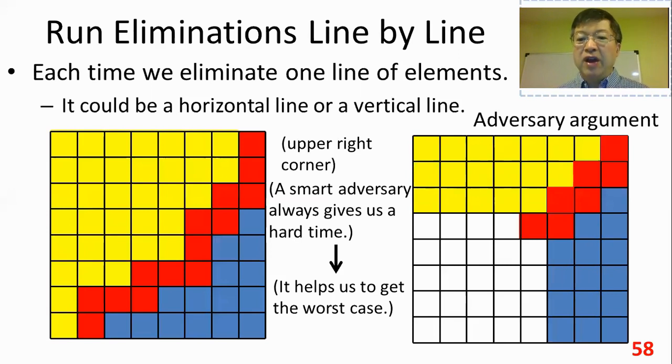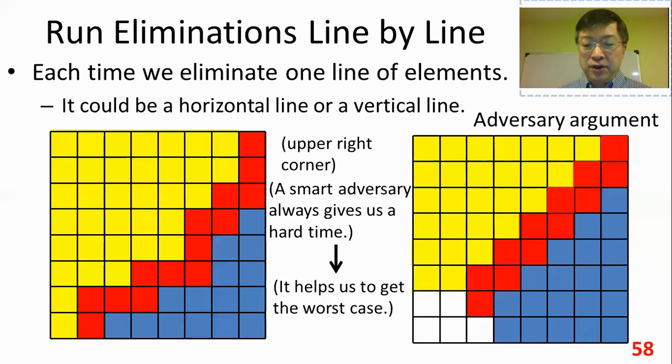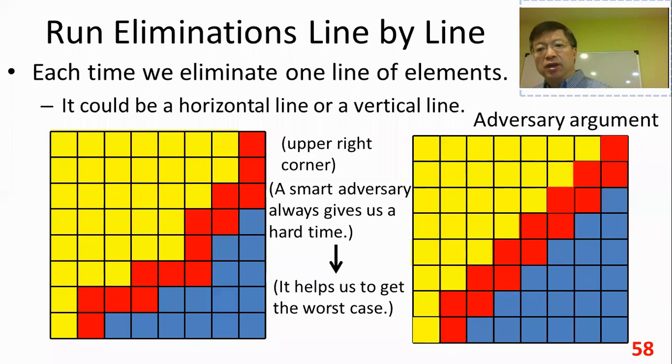So this will eventually give us the overall worst case. Like this. This is the overall worst case, right? So you can see, using this adversary argument, we can get a worst case.